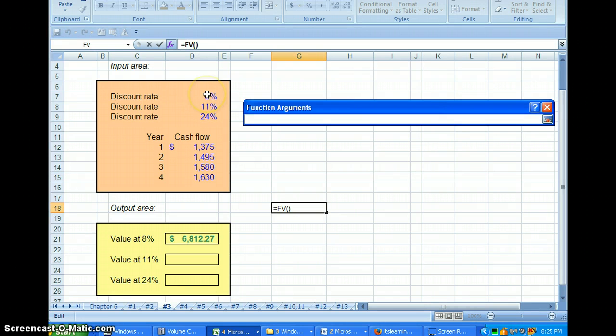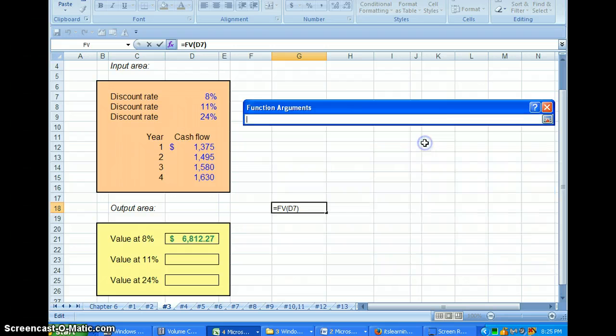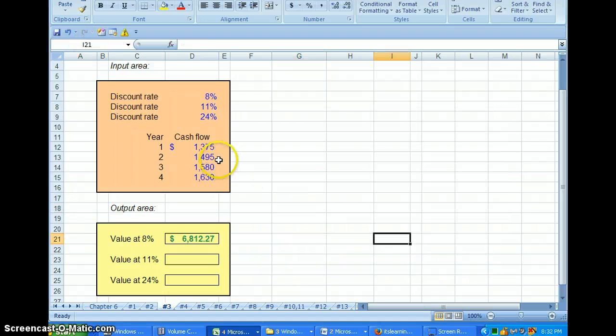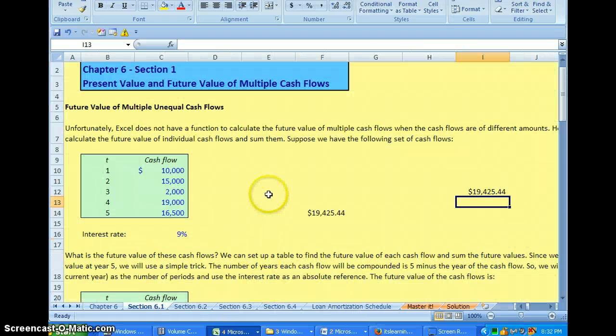Rate, 8%. Number of periods. Now we're trying to solve for the future value of multiple payment streams. And I need to show you a small trick for a moment, and we're going to take a look at this.